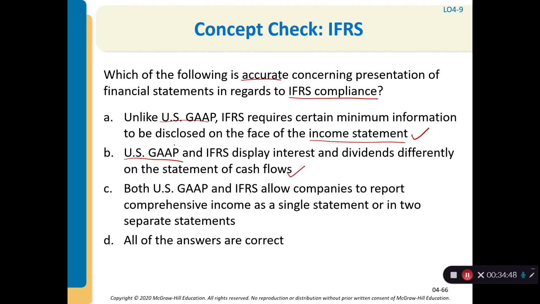Other than that, interest received or paid is all under operating activity, and dividend distributions and dividends received are under operating. But IFRS can be all over the place. C. Both US GAAP and IFRS allow a company to report comprehensive income as a single statement or two separate statements. Yes. So D is correct.